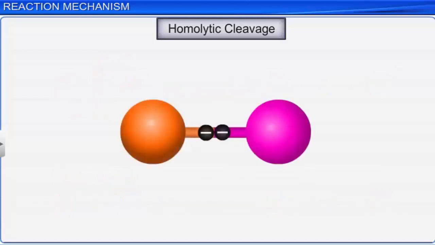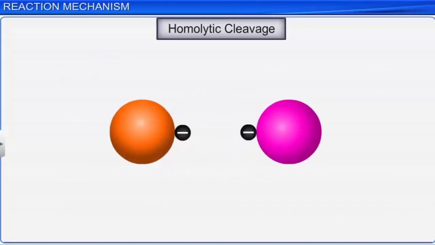Homolytic cleavage results in the formation of neutral atoms or groups with one unpaired electron. These are known as free radicals. The free radicals thus formed are highly reactive due to the presence of unpaired electrons.